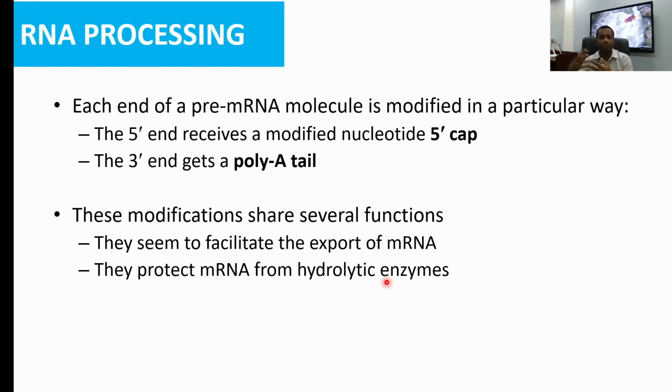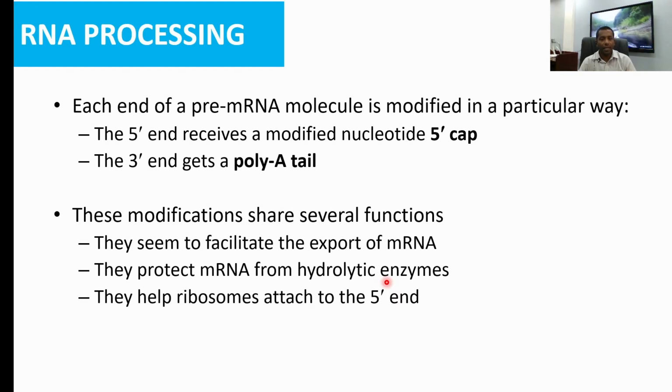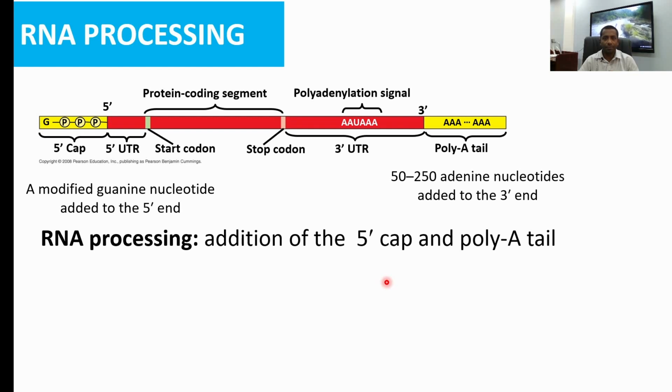If that happens, protein synthesis cannot take place. So having these modifications prevents these mRNA molecules from being broken down. The 5 prime cap helps the ribosome to attach to the mRNA molecule. Ribosomes are involved in the translation process, so this 5 prime end helps that attachment.